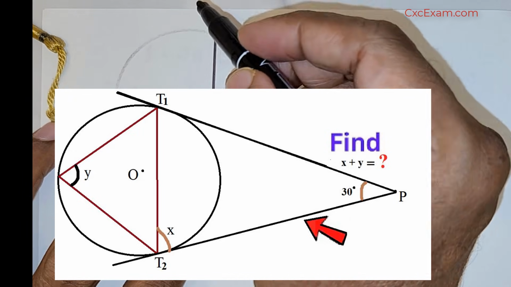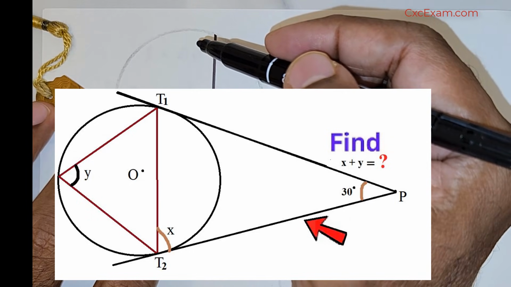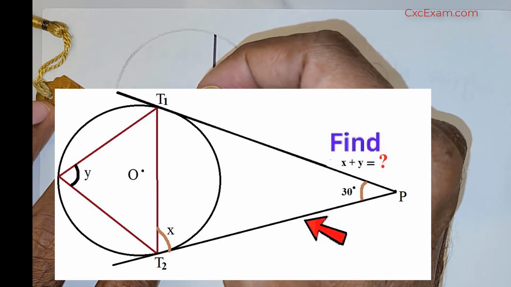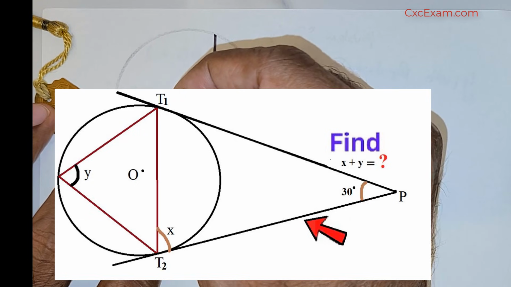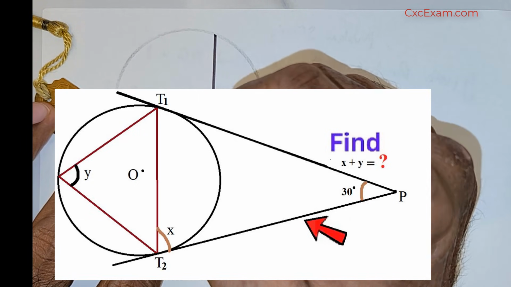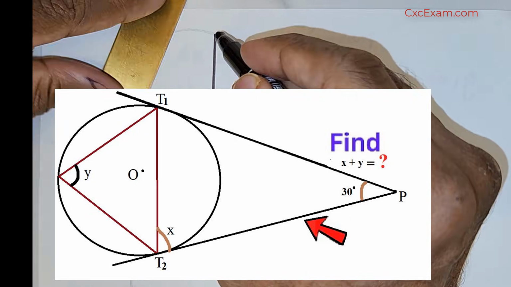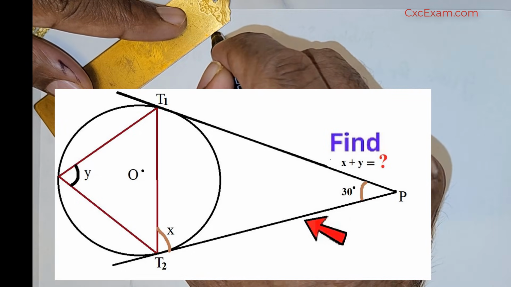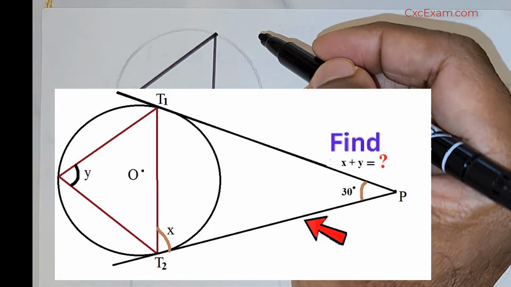Now we have a completion here, and a triangle is created.